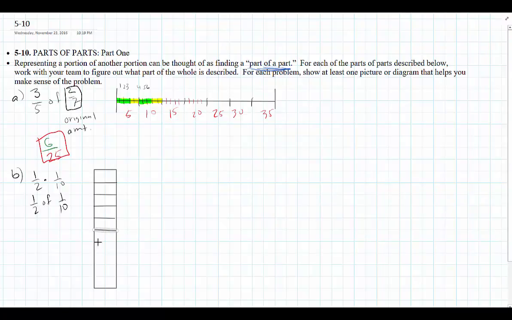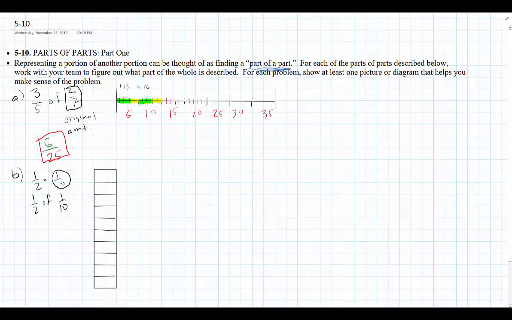Might not be very straight, but let's try to save some time. Okay, so now we have 10 pieces. 1, 2, 3, 4, 5, 6, 7, 8, 9, 10 pieces.